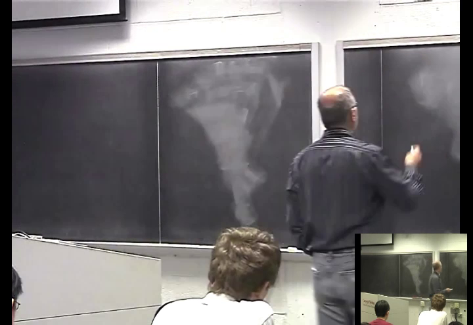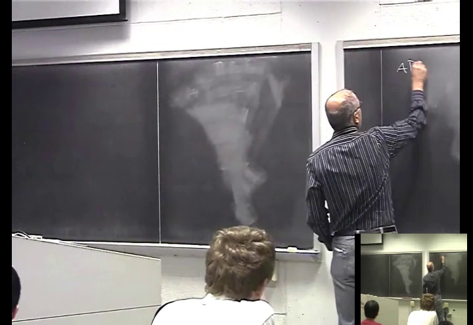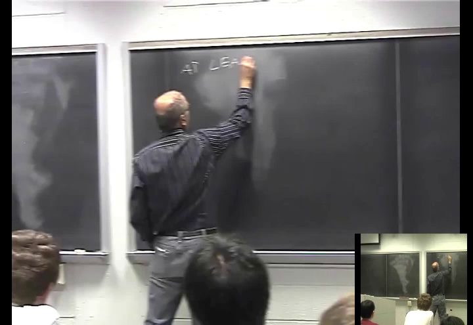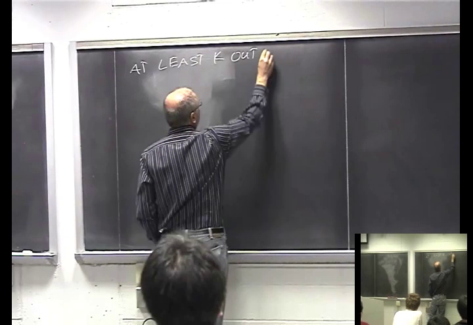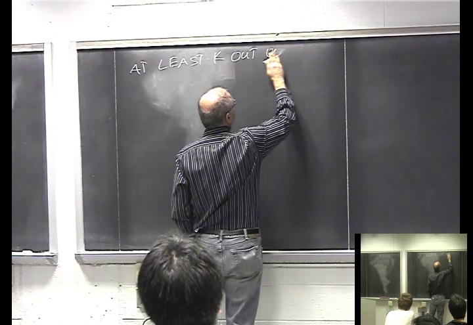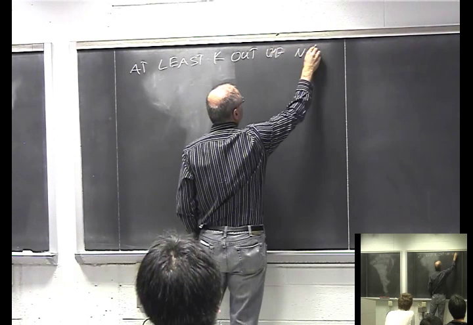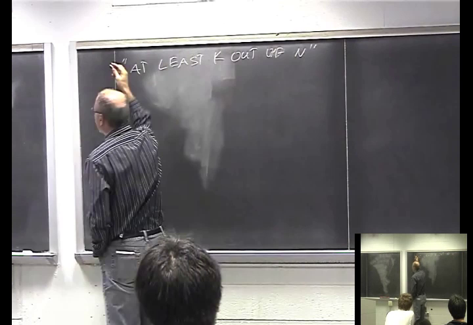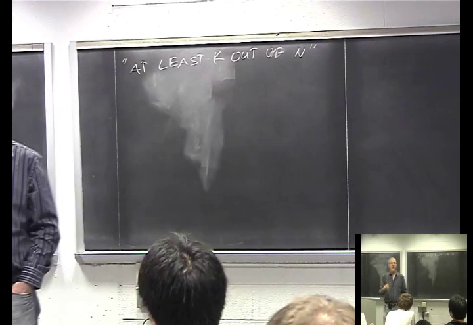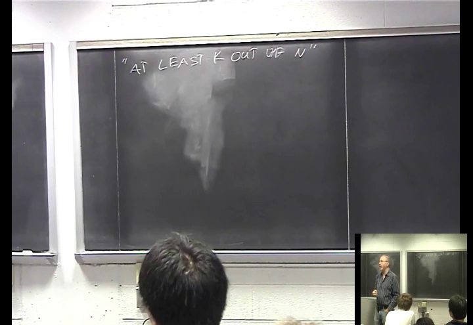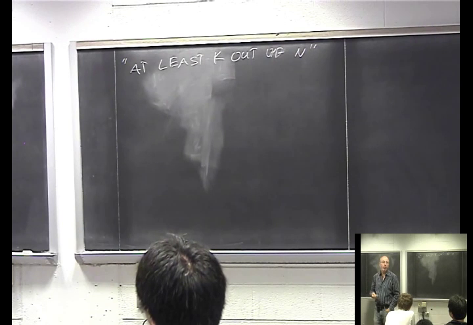So we'll call that problem at least k out of n. You have n binary inputs, and the answer is yes if and only if at least k out of these n are on. Is this difficult for a decision tree to do?